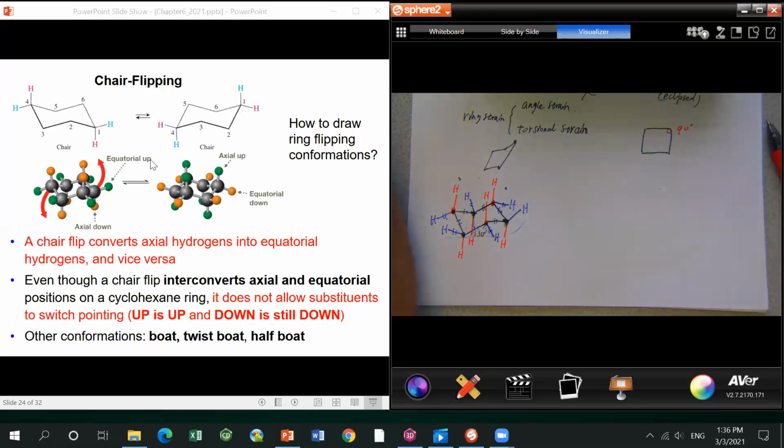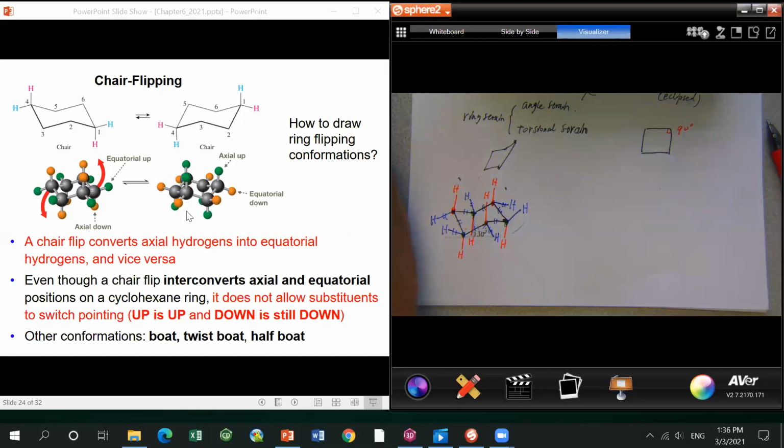After the ring flip, for carbon 4, the original equatorial hydrogen, this blue one, becomes axial, and the original axial hydrogen becomes equatorial. Same thing here for the two hydrogens on carbon 4: equatorial becomes axial, and axial becomes equatorial.